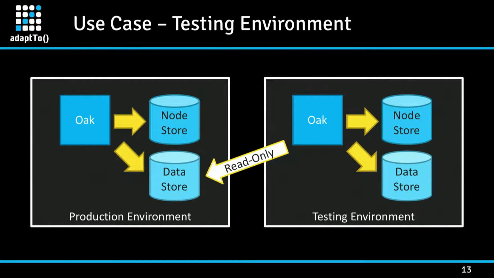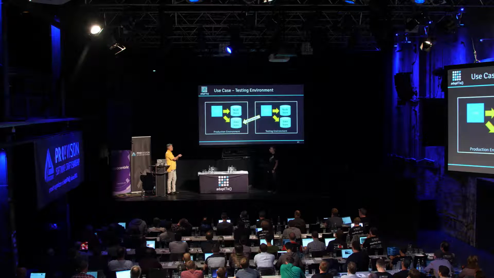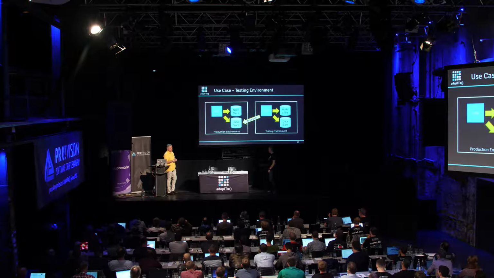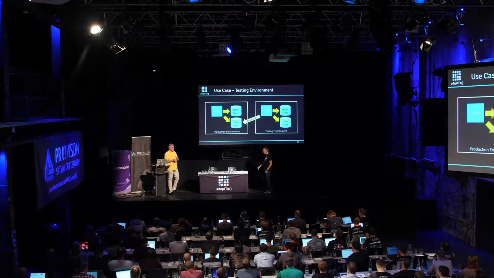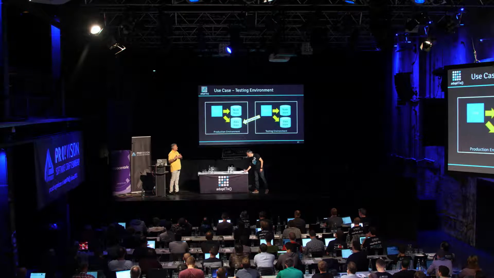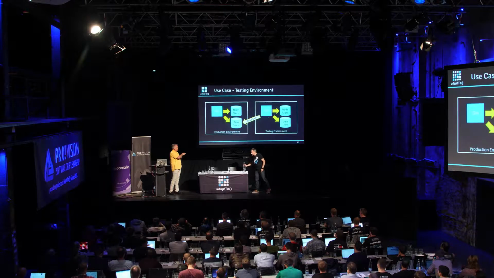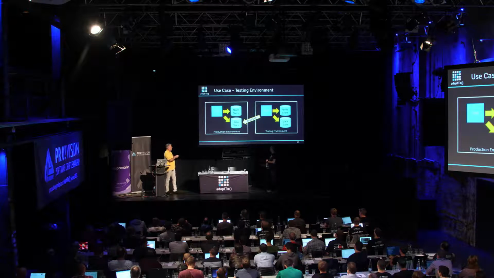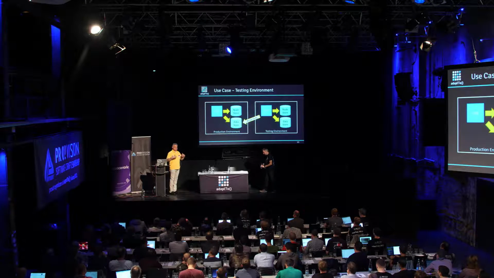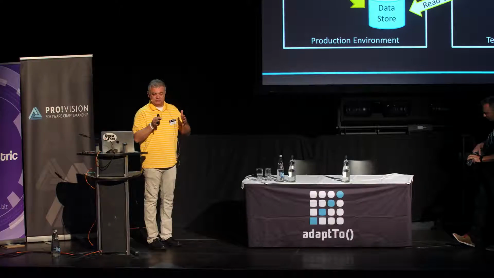So what we want to do instead is use the composite data store, which would have 2 delegates. It would have a test data store here, and then the other delegate would be the production data store in read-only fashion. So when this test environment here uses that composite, all updates end up here, but it sees all of the production data read-only and presents all of that data in one logical view.